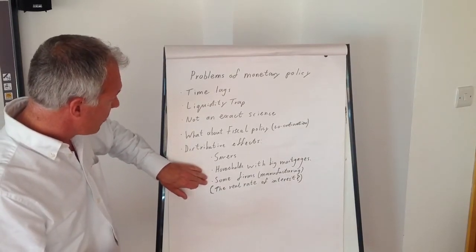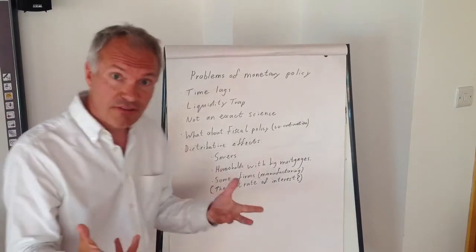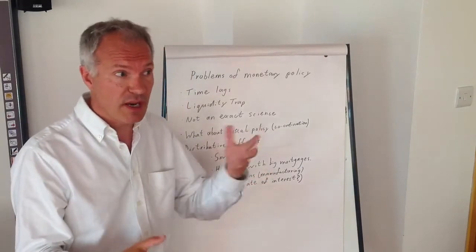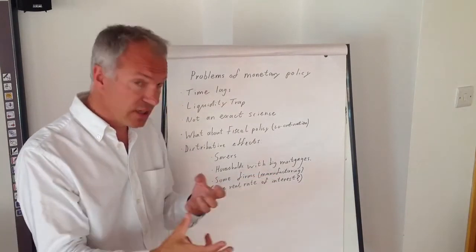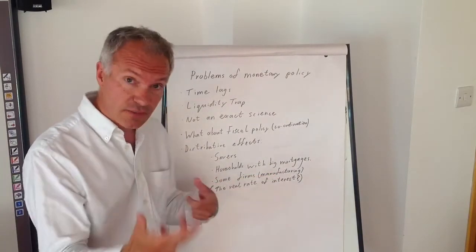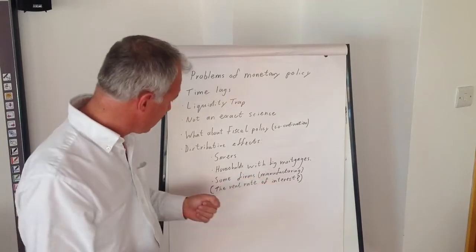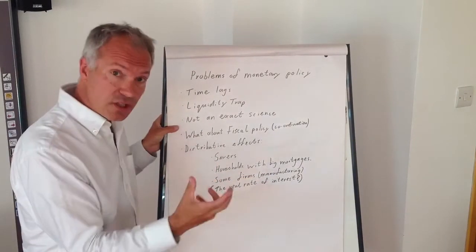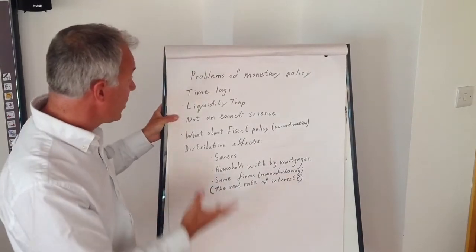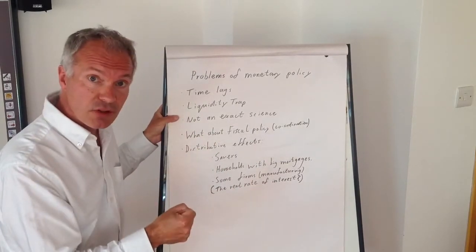Third, some firms, particularly a manufacturing firm, and you're a small firm, you might have to borrow from the bank. And therefore your balance sheet might be particularly sensitive to changing the interest rate. Okay? So these are some of the sectors that are disproportionately affected by changes in monetary policy.